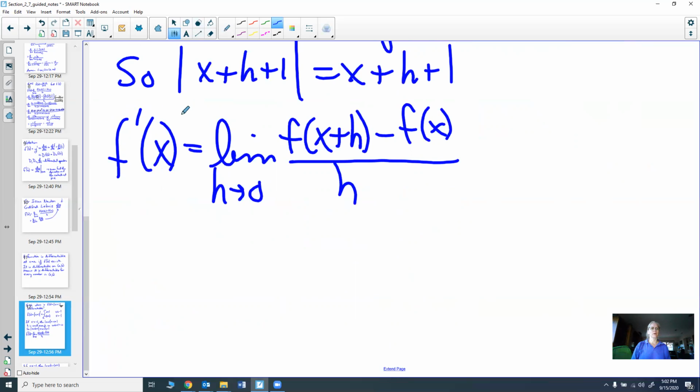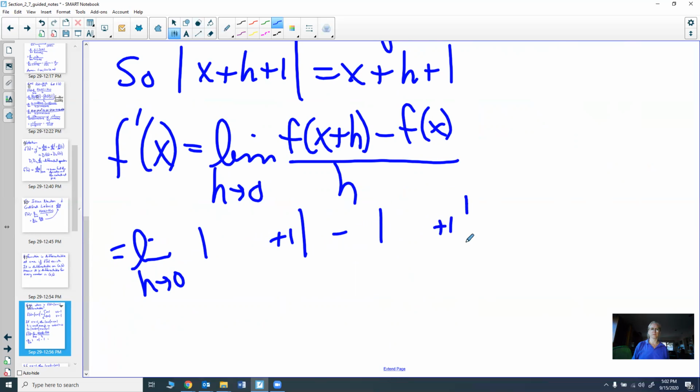This is equal to the limit as h goes to 0 of absolute value of something plus 1 minus the absolute value of something plus 1, all over h. The first something is x plus h, so we type in an x plus h here. My second something is just x, so I put an x there.